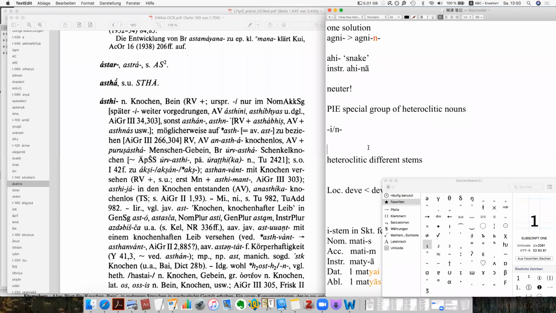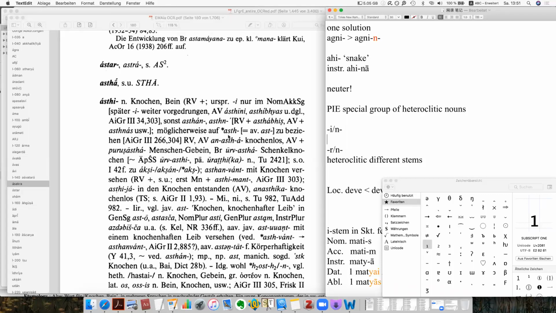We have just seen in Hittite the R stem, and there's another class called EN heteroclitic, which is EN 异干词. This is also preserved in Sanskrit. It's called asti, Knochen, bone.